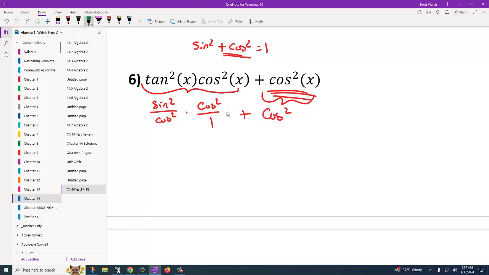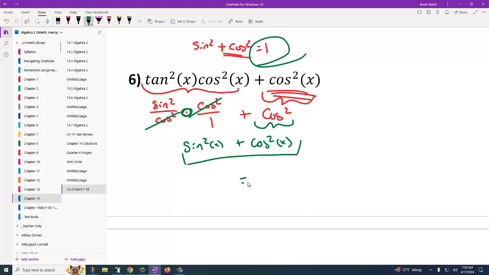But here in this left side, the cosine squared will cancel this cosine squared. It only works because it's a multiplication problem. You don't get to cancel addition. But because it's a multiplication problem, this left side is going to simplify now to sine squared of x plus we have our cosine squared of x, and based on our Pythagorean identity right up here, this whole thing equals 1.